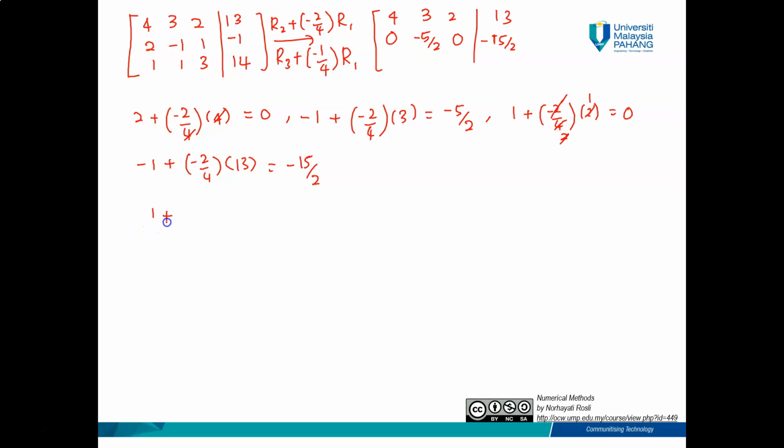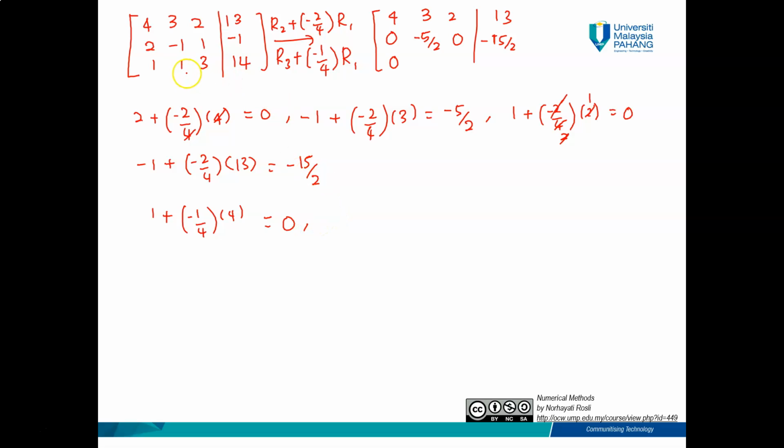It means 1 plus negative 1 over 4, times here R1. R1 refers to the value at row number 1, but for the same column, which is 4. When you cancel out, 1 minus 1, you will get equal to 0. So now we get 0, which means that our formula is correct. If not, make sure you check your formula.